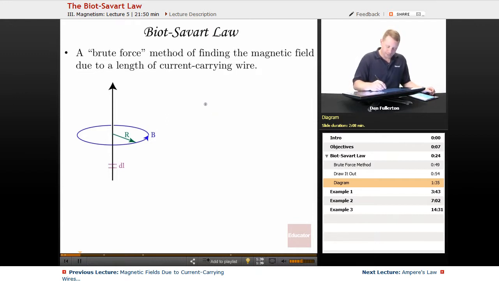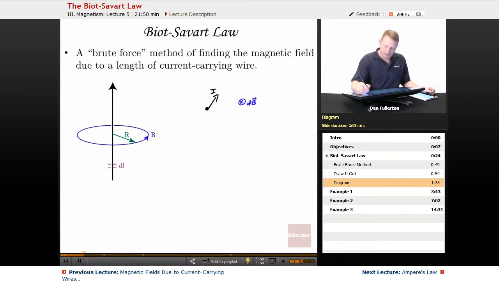I'm going to say that we have our little bit of current right there. There's current. And we want to know the magnetic field strength, let's say somewhere over here. So that'll be our little bit of magnetic field.